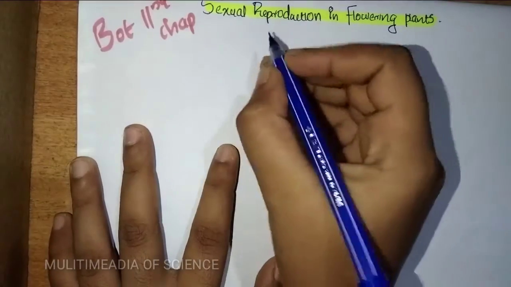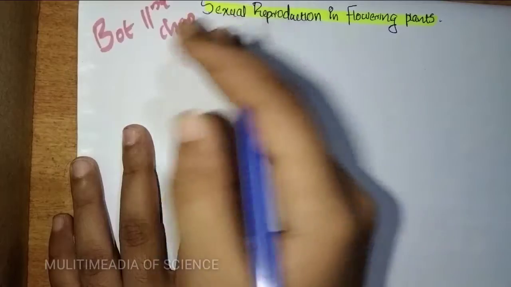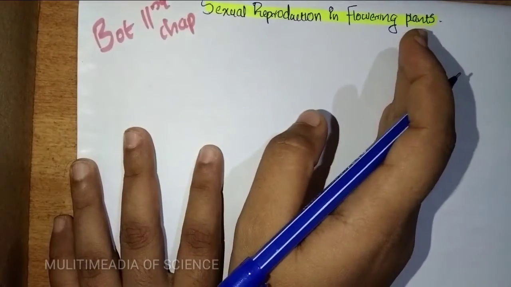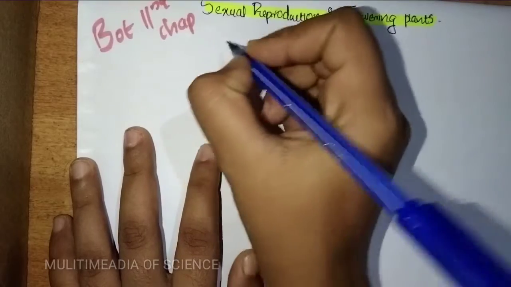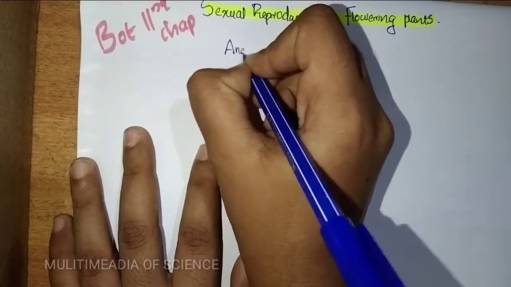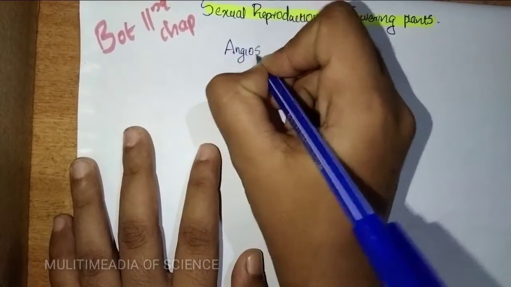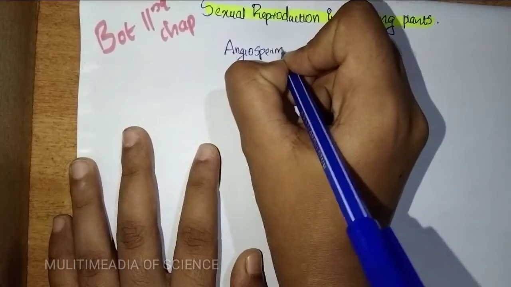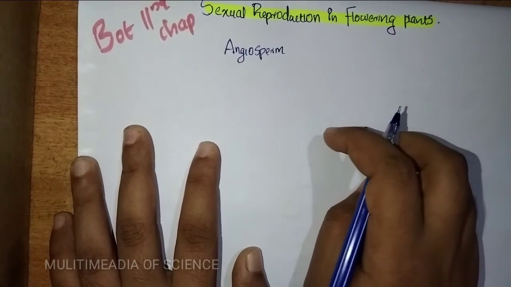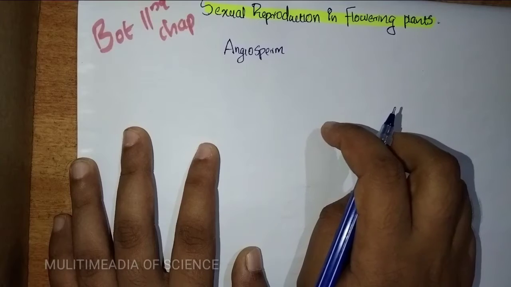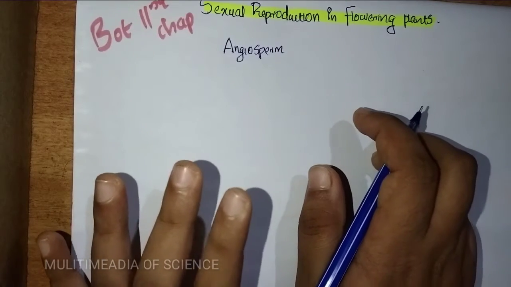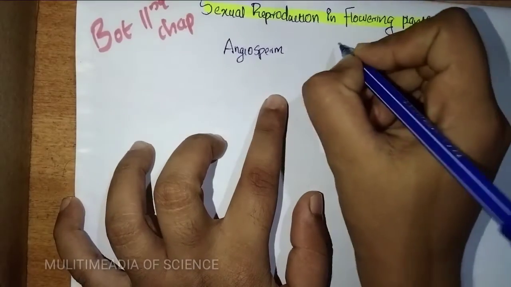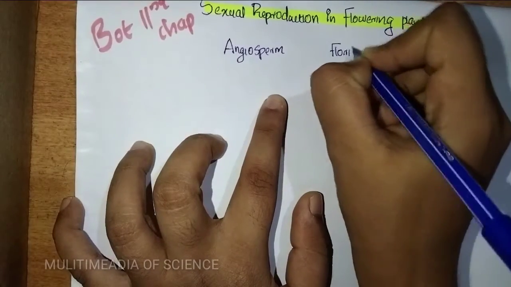First, we are discussing the male reproductive system and female reproductive system in flowering plants, which are angiosperms. Angiosperms are known as the flowering plants, and the study and culturing of flowers is named what?